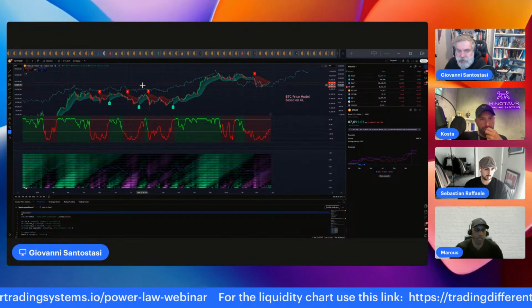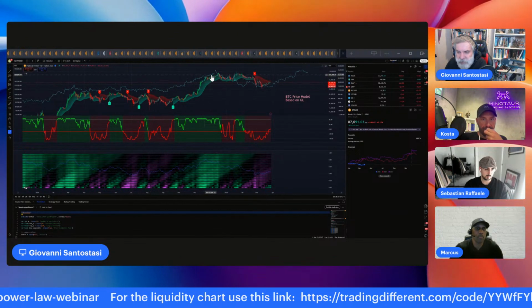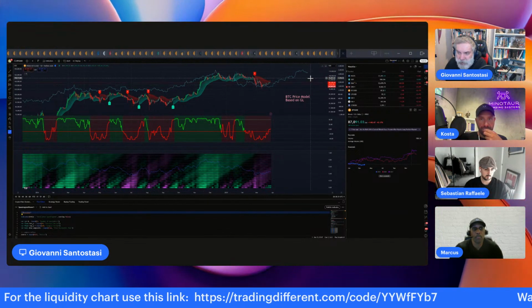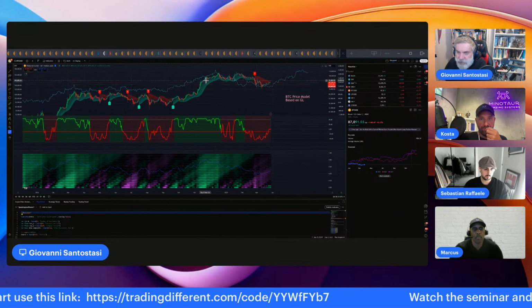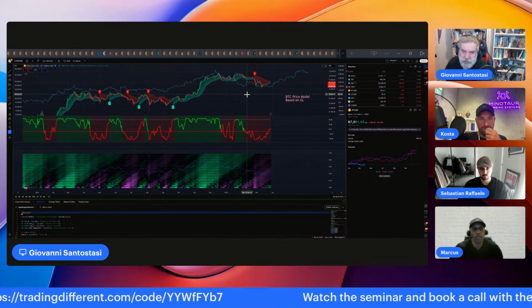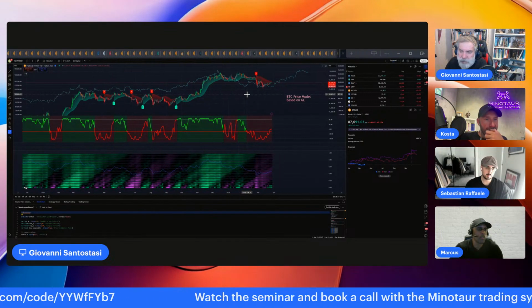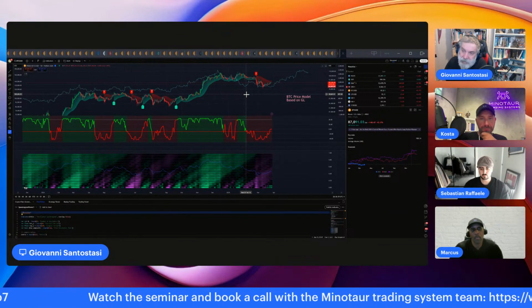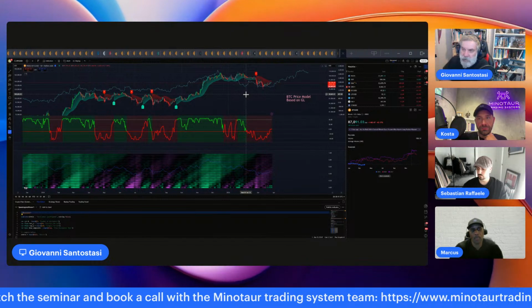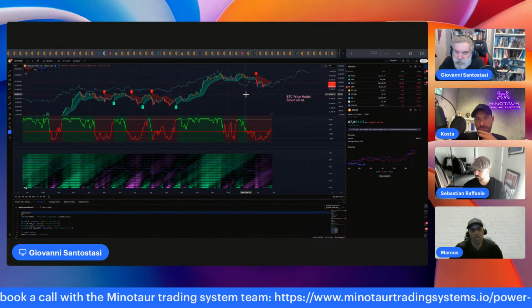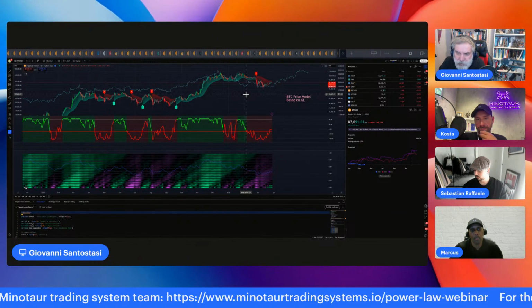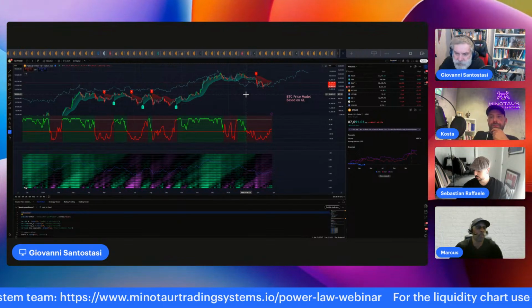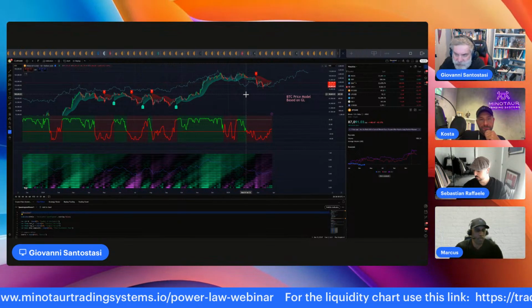The more interesting one is this blue line that you see here. How did I get this line? This line was obtained by observing global liquidity. I tried many measures of global liquidity, not just the usual M2s from different countries, but also other measures that are available in TradingView.